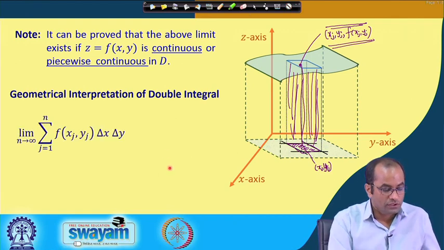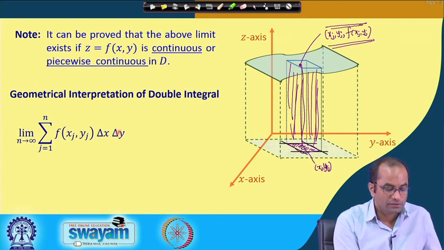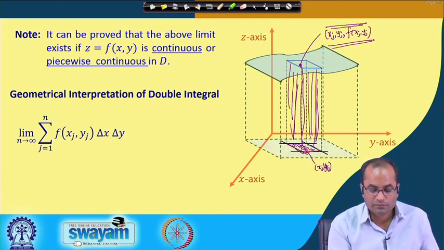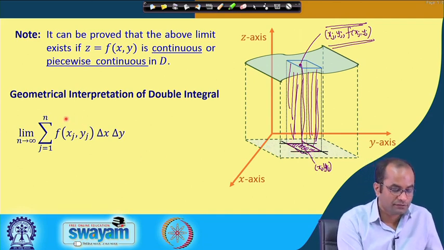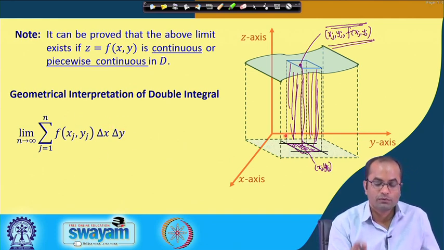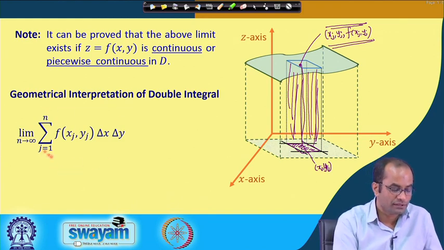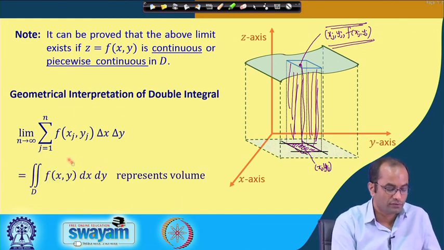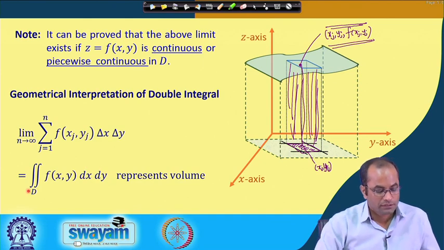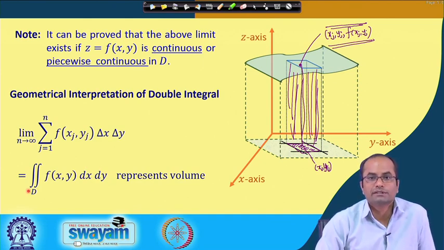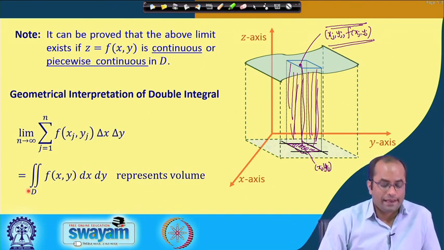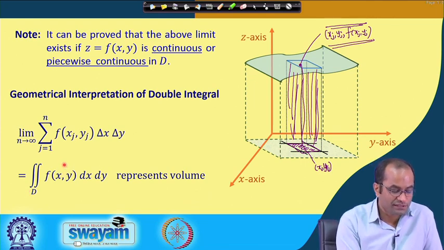This delta x delta y was the area of the subregion defined here, which is multiplied by f. This gives the volume of the smaller subregion, and such subregions are added here, and that is denoted by this integral. So, that will represent the volume.